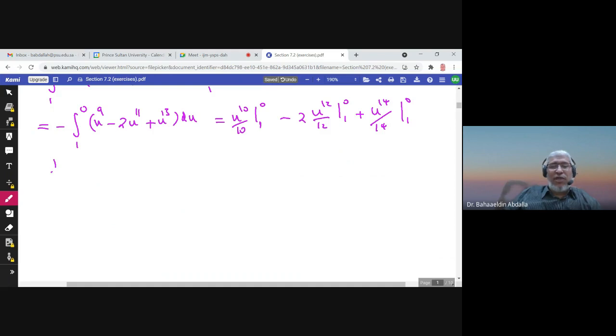So I have 1 over 10, and 0 to the power 10 is 0, minus 1 to the power 10, so I have minus 1, okay?